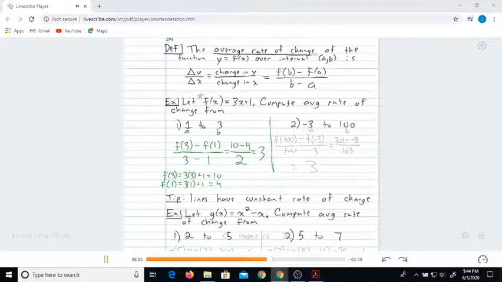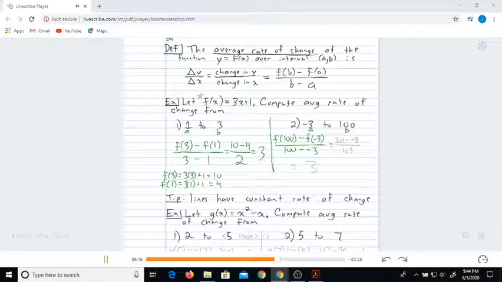And now let's go ahead and evaluate the same average rate of change, but over a different interval. So over here for problem 2, it would be f at 100 minus f at negative 3 divided by 100 minus negative 3. You can think of the negative 3 as your A and 100 as your B, and just use the formula from above.